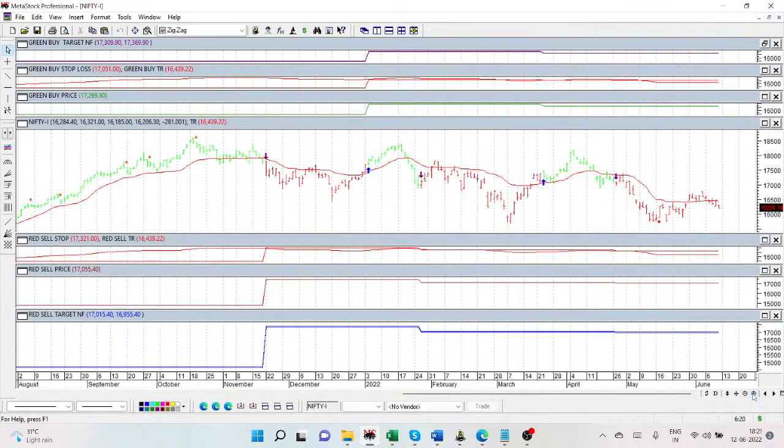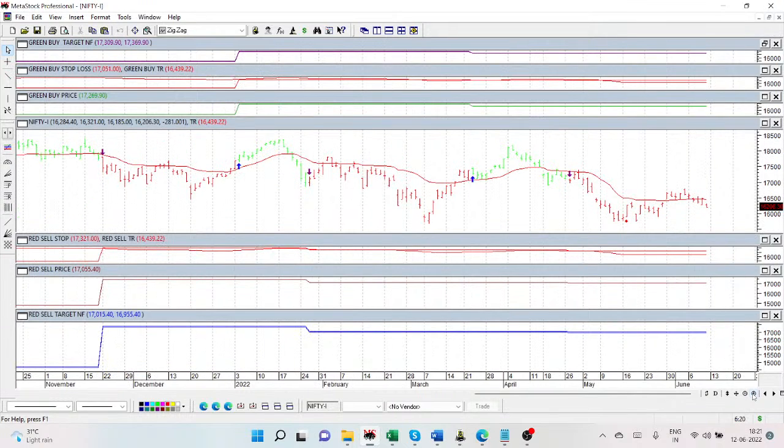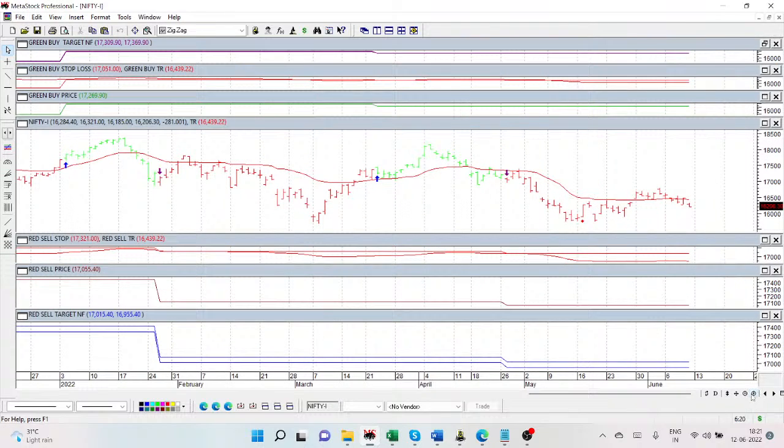This is the system which we have developed, and a demo of the same has been given. In this presentation, we would like to see how the utility is there. The trend is down since 27th of April 2022.